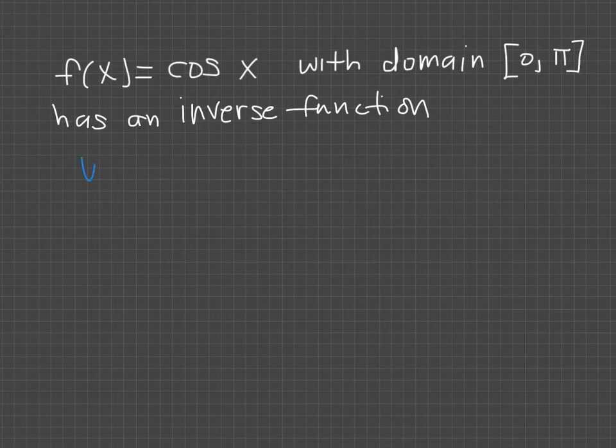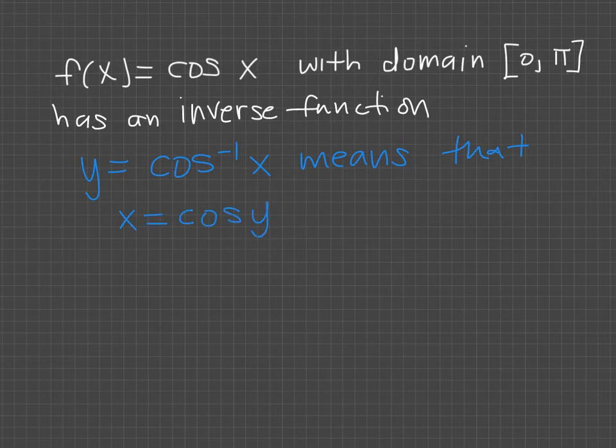So y equal to cosine inverse of x means that x equal to cosine y for y values that are in between or equal to 0 and pi.